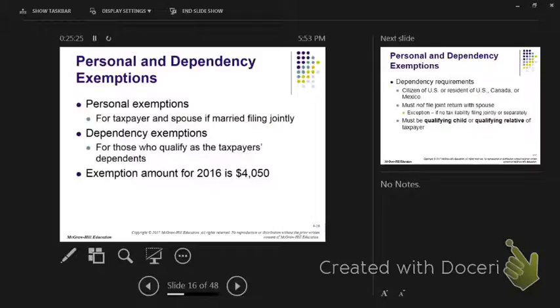When you're doing a problem for me or a problem where you upload the form, you're going to need to remember it's $4,050. All right, because we are always going to be using a 2015 form, unfortunately, but with the 2016 numbers. And then all the numbers, luckily for you, on the standard deductions are the same, with the exception of the head of household. So there's not much to look at there.